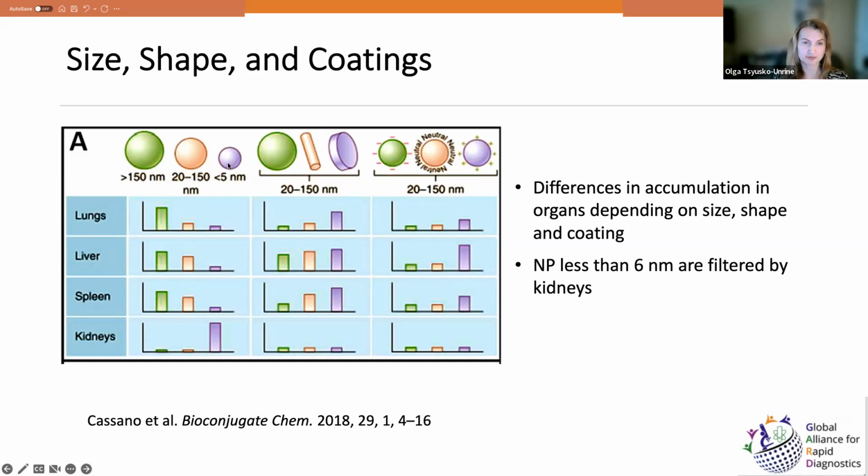And you can see that, for example, with size, as the size decreases, the accumulation changes. It starts with the highest in lungs and liver, then once we reach below 5 nanometers, they accumulate in kidneys. And this size is often used for diagnostics, for example in medical diagnostics, because at this size they can be filtered by the kidneys and eliminated from the organism.